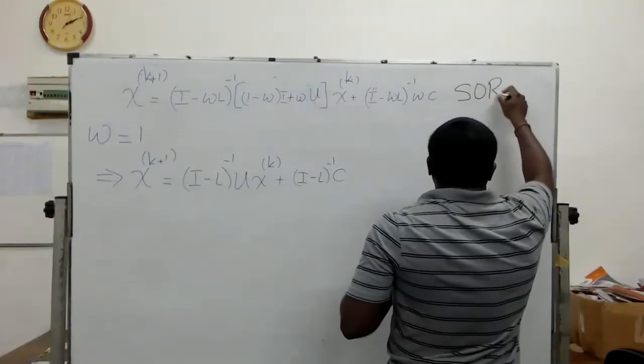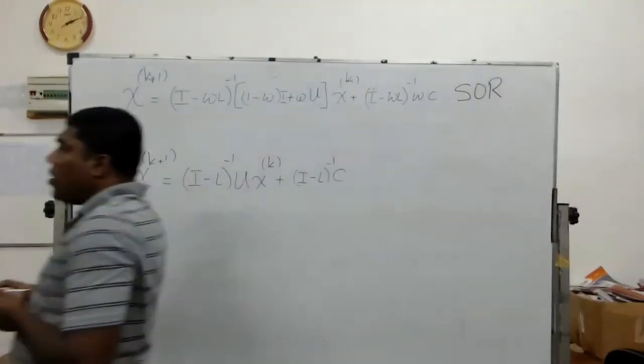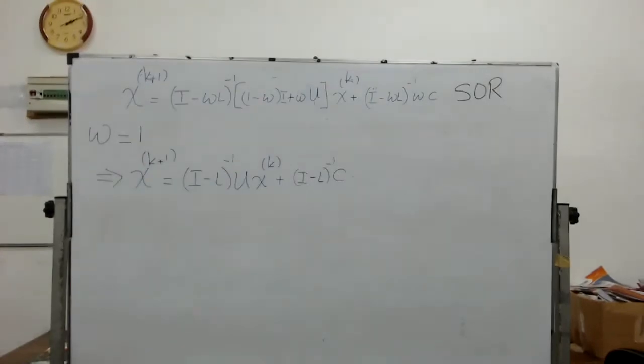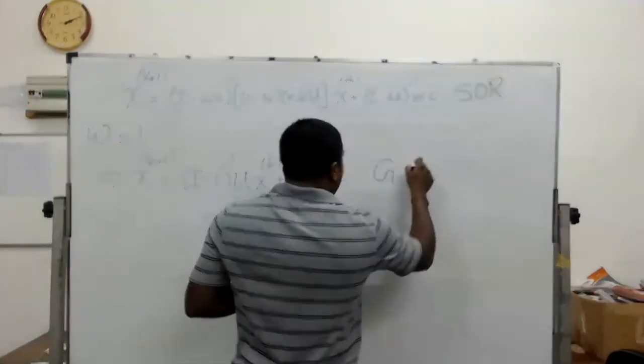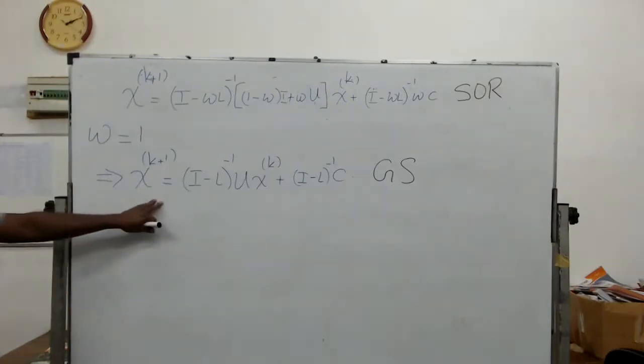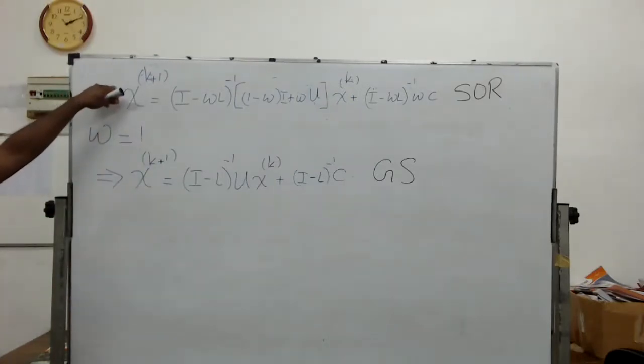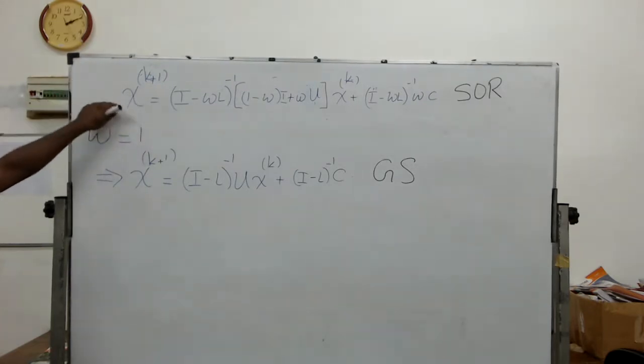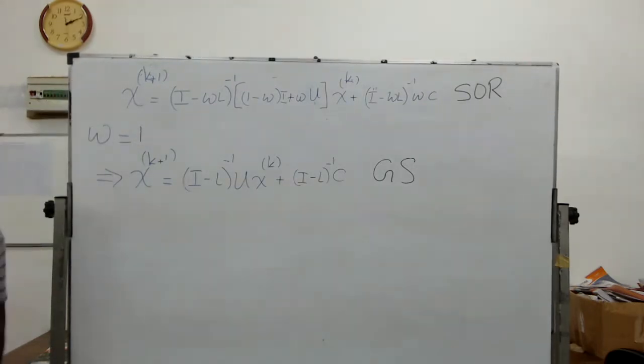So let me use the notation SOR here. Successive over relaxation method, and this one we call the Gauss-Seidel iteration method. So we define this first, and then we define this. Now we notice that the SOR method is more of a general case of Gauss-Seidel; in particular, the Gauss-Seidel iteration is a special case of the SOR method.